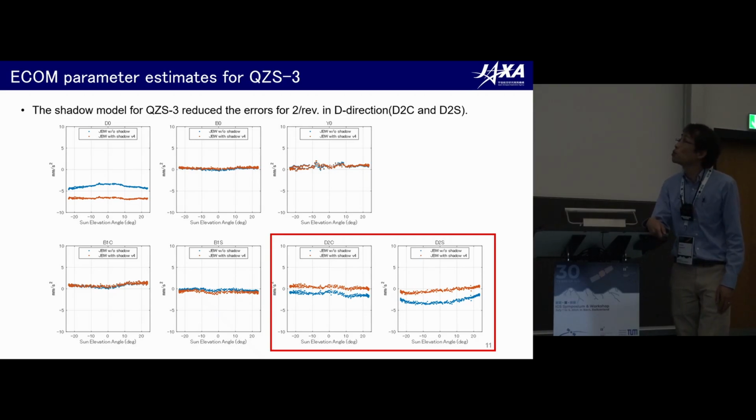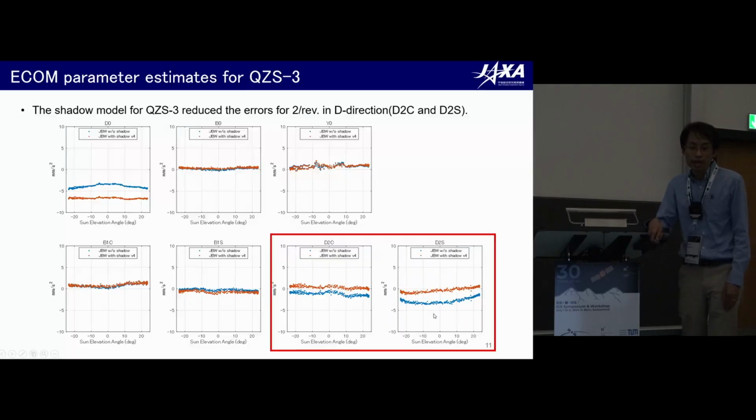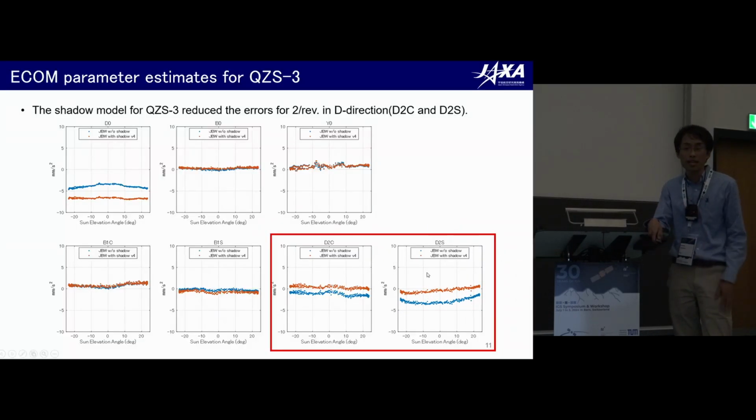I will show you another result. This is the ECOM parameter estimate for QZSS3. We can see a clear difference in the bottom right of the figure. This is the ECOM parameter of the twice per revolution term in the direction of the sun.